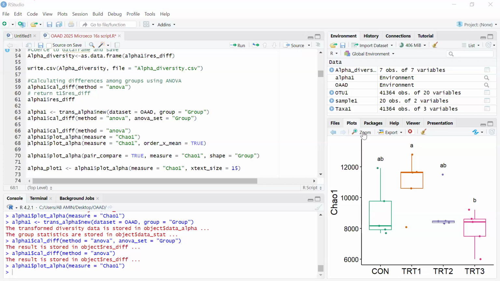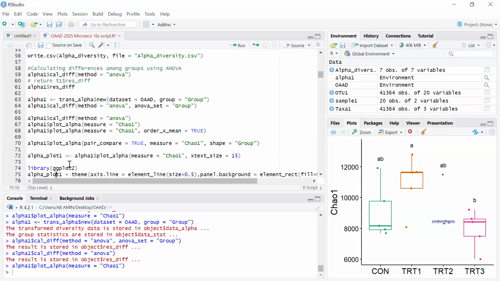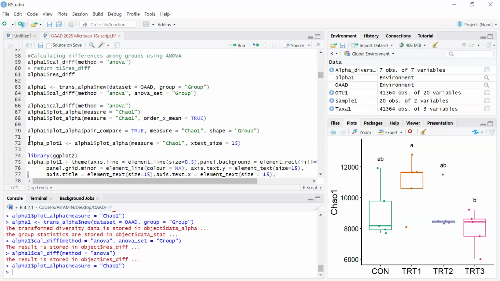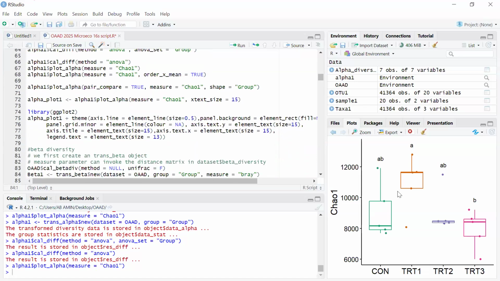So since we all have the scripts and we know how to differentiate significant differences, I don't need to waste much time trying to explain this. So this is just how to have our plot, CHA1 plot. And if you want to save it, we can manually save or we write it down.